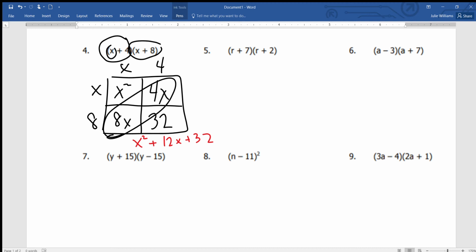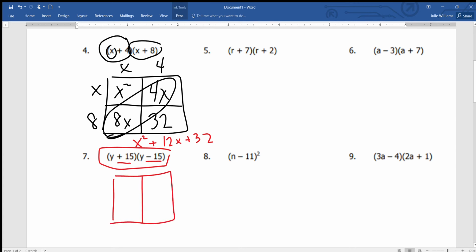This one is a special case, and I want to show you this one. They're very similar, right? They both have a y, but one has a positive 15, one has a negative 15. Let's see how that plays out when we multiply them. So let's do y and the negative 15 here, and let's do y and the positive 15 here.